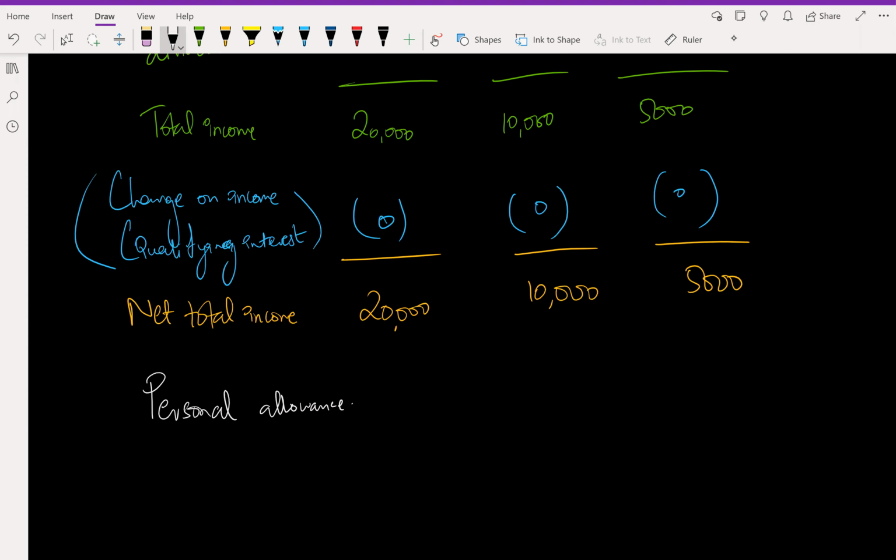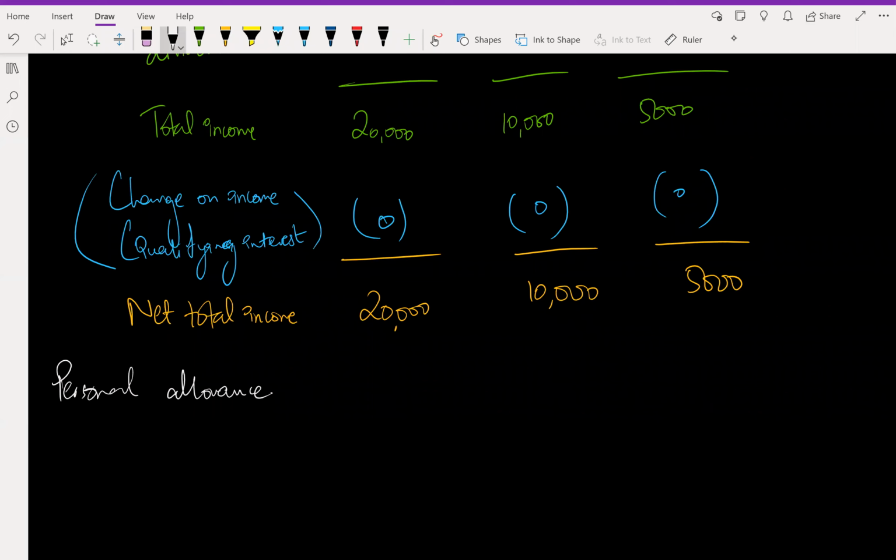Now, what is this personal allowance? Is it something that changes every year? Yes, it does. Depending on the applicable law, it changes. For example, let me just write it in a more presentable way. To the left, personal allowance.